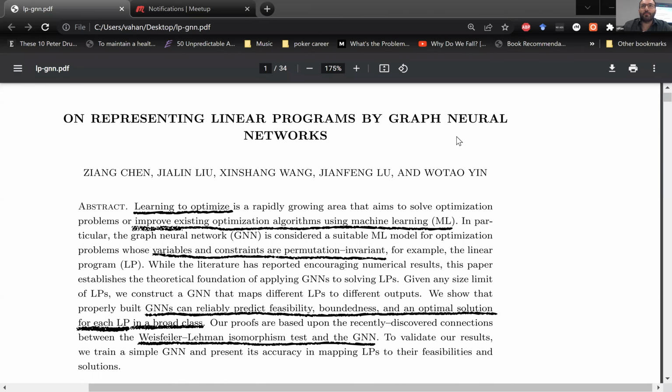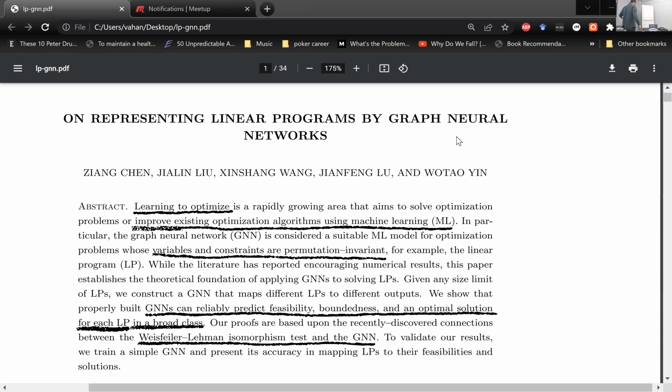What's a linear program? Yes, it's an optimization problem where the objective function is a linear function and constraints are all linear. Okay. But I don't think it's weird, because the optimization is very compute heavy, and they're trying to replace the optimization with a pass through of a function.